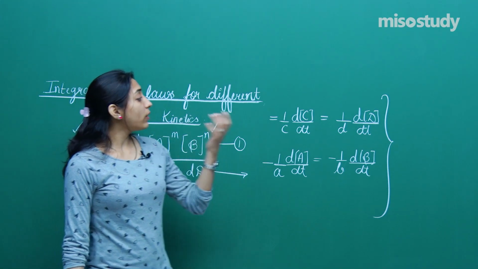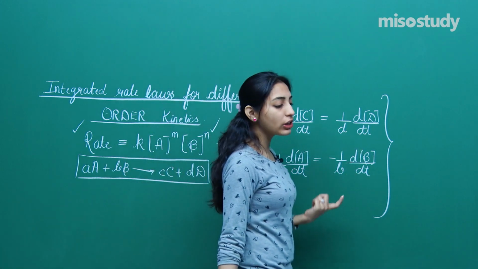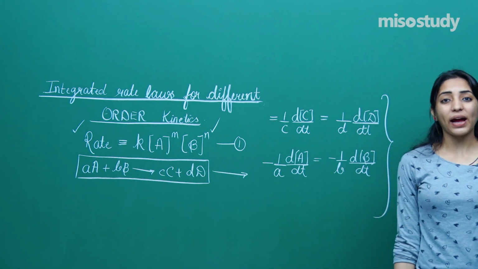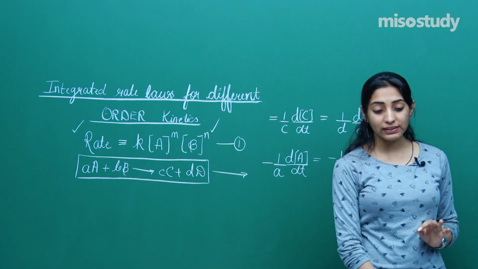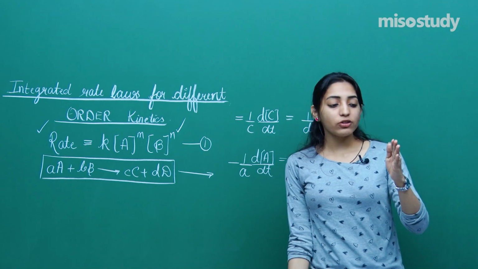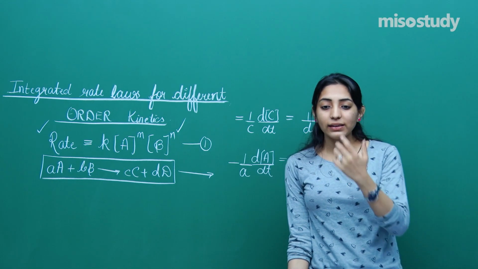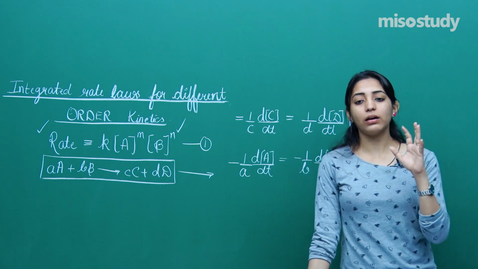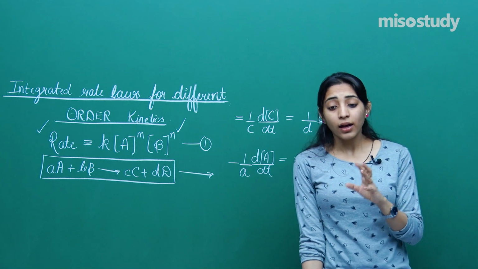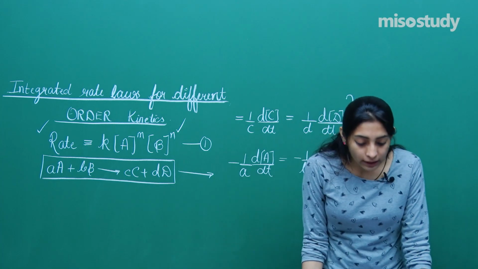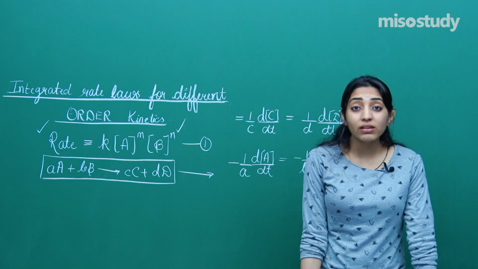And the second problem is doing this differential part, what is dB by dt? I can't always be working practically with such small concentrations. I can easily measure the change in concentration when I take a time gap of, let's say, 60 seconds, 1 minute, or 2 minutes. This is easy. But if I ask you to perform an experiment and take readings in a time gap of just 30 seconds, it's really difficult.